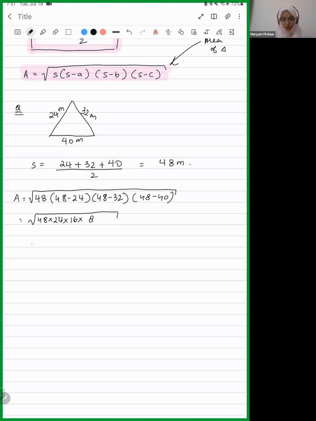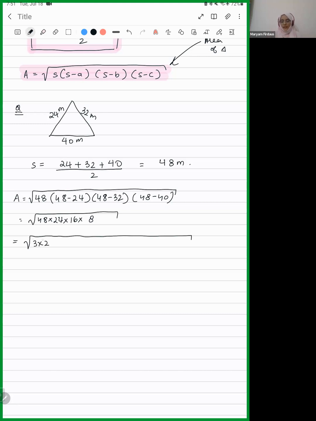Now the next step, what we need to do is take apart each of these numbers. Factorize them, prime factorize them. So 48 can be written as 6 into 8. But 6 can be written as 3 into 2.